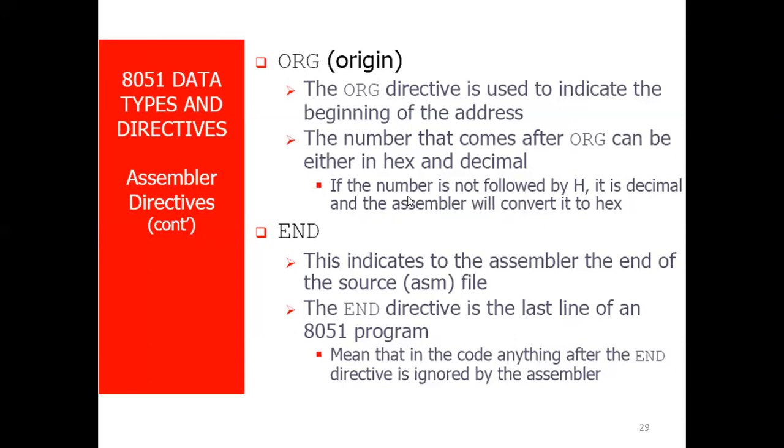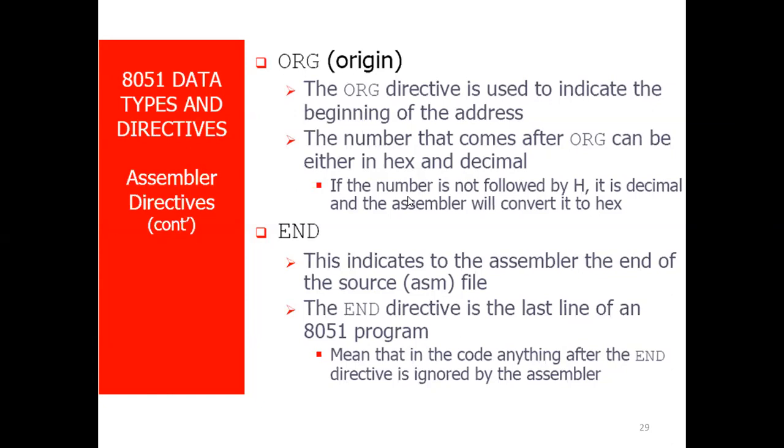The number after ORG can be in hexa or decimal, and if it is not in hexadecimal, then the assembler will automatically convert that decimal number into hexadecimal, because the 8051 works on hexadecimal numbers. Now the second directive is END.